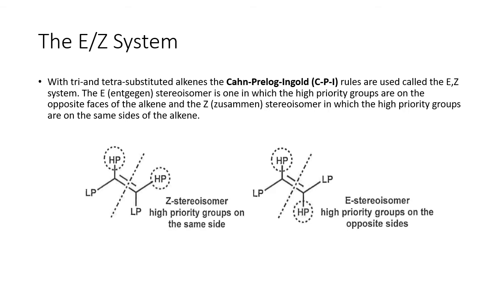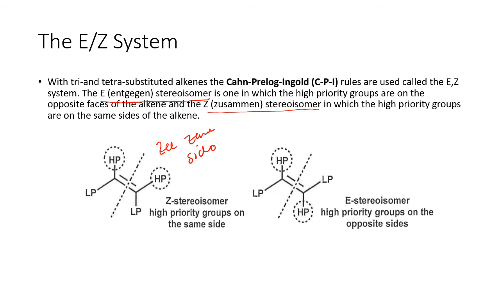So the E stereoisomer stands for entgegen, and these are German words, that's where they come from. And that's where the high priority groups are on opposite sides or on opposite faces of the double bond. And the Z stereoisomer, zusammen, stands for together, and that's where the high priority groups are on the same side.